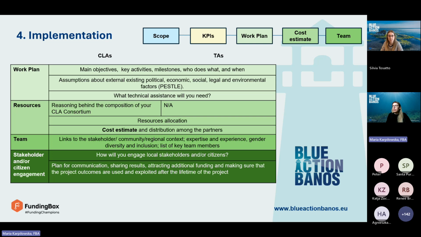Under work plan, we will want to know what your main objectives are, the activities you're planning, milestones, and who does what and when, in short. We'll also want to know whether you see any risk factors concerning political, economic, social, legal, or environmental issues, and what assistance you may need from BlueActionBANOS project partners.